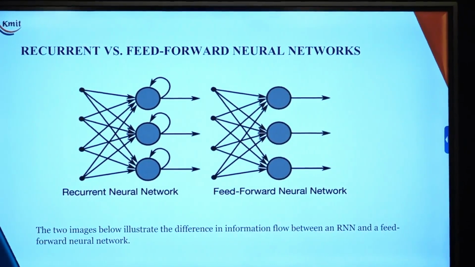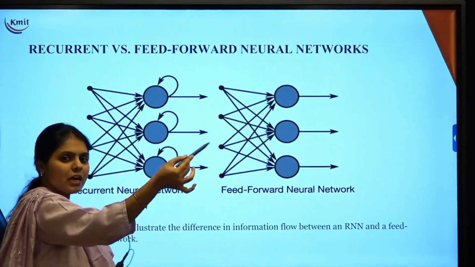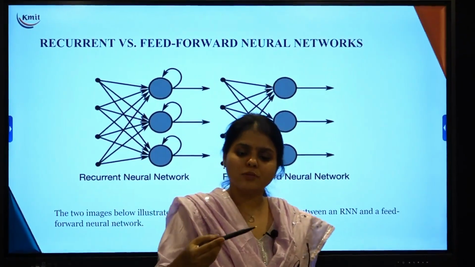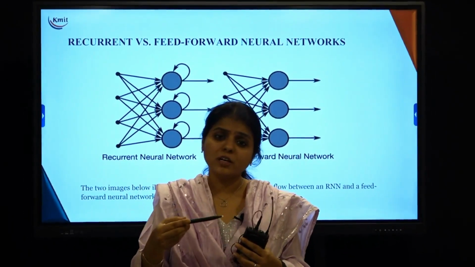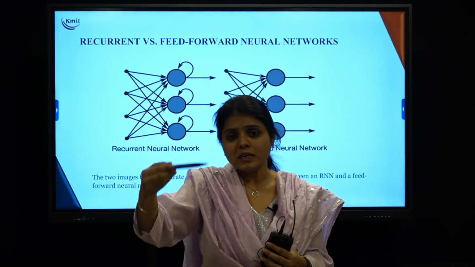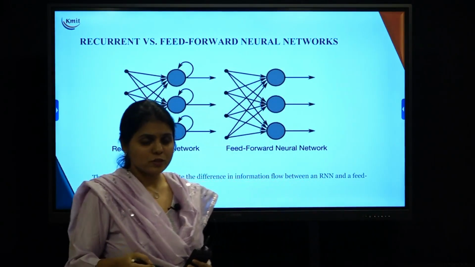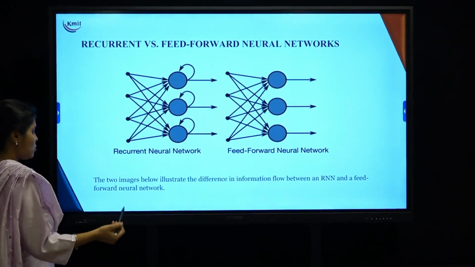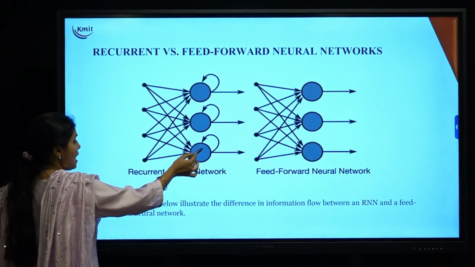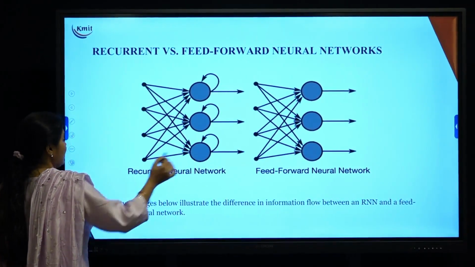When we look at this feed forward neural network, we have input layers, hidden layers, and output layers. The data from the input layer is given to the hidden layers through weights and biases, and then through the hidden layers using activation functions we get the output. In contrast, when you observe this neural network, we have a feedback loop for each and every neuron in the hidden layer.